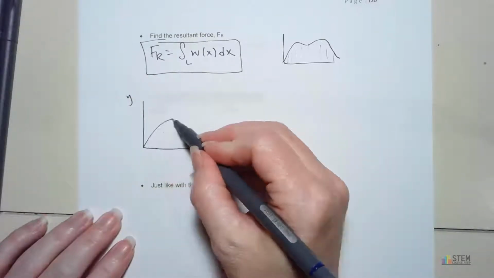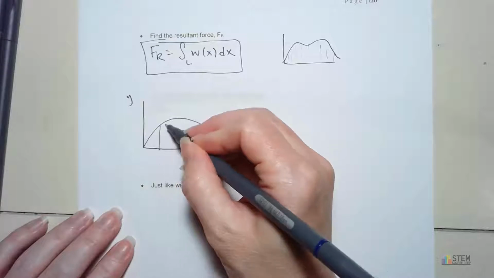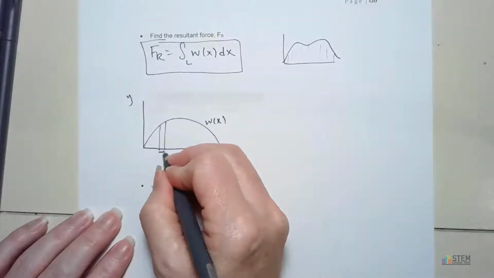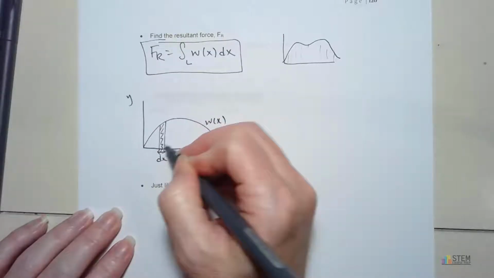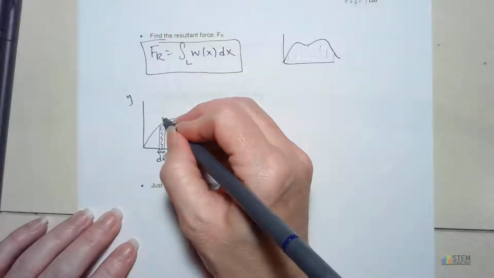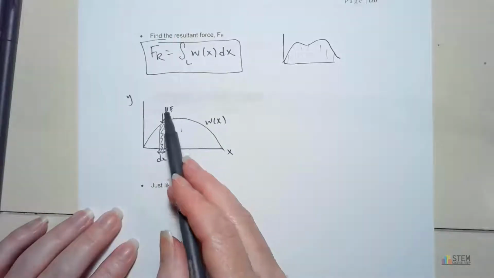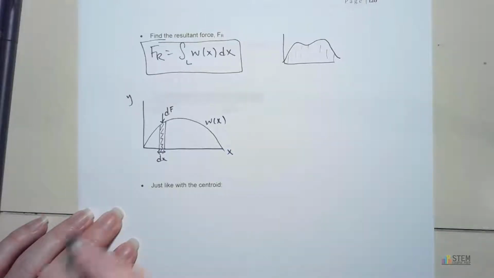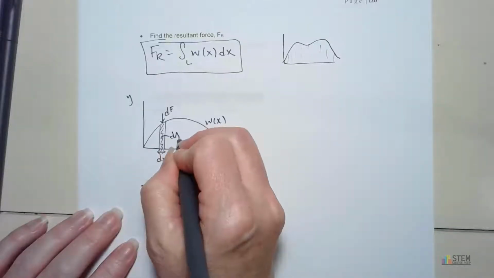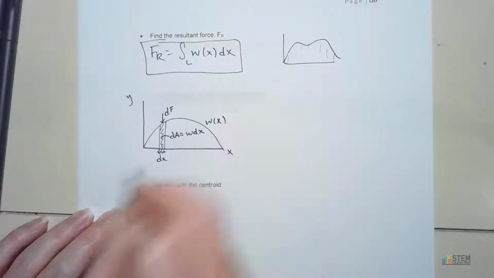So let's just say our W of X looks like that. And then let's pull out a little rectangular area. So this length right here is going to be dx. And what we're going to do is we're going to have a dF. Okay, so this represents the differential of our force along this area right here. This area is dA, which is going to equal W times dx.